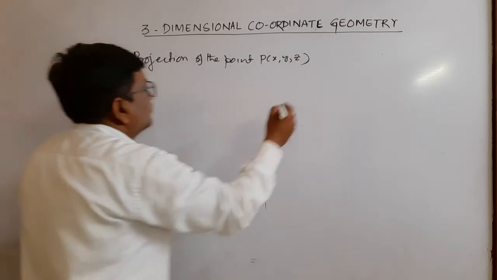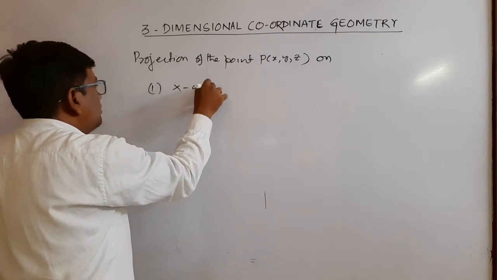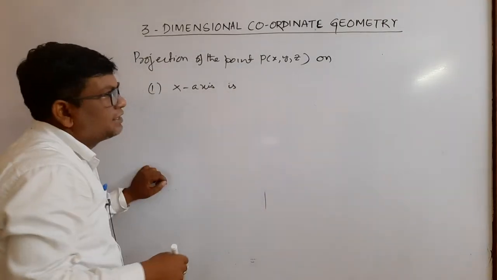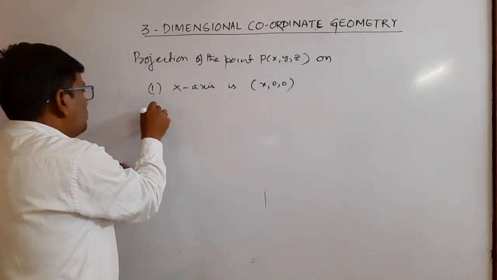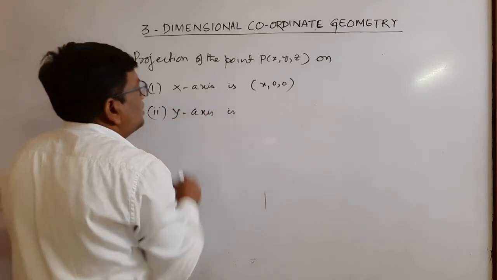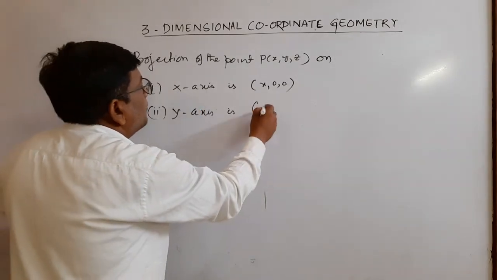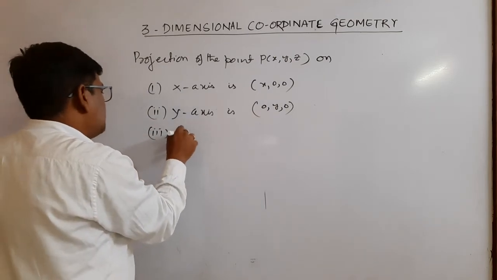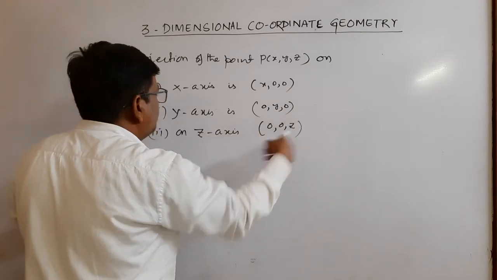On the x-axis, y and z are 0, so it is (x, 0, 0). On the y-axis it is (0, y, 0). On the z-axis, this is (0, 0, z).